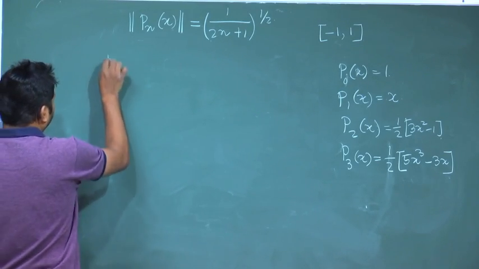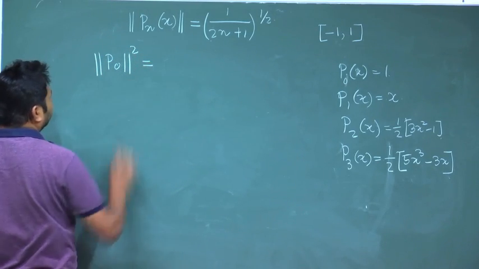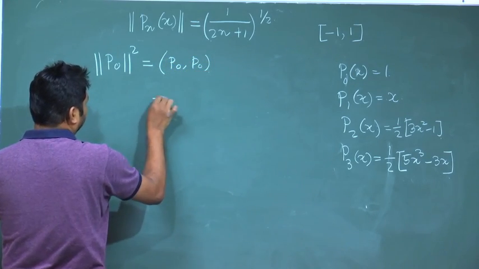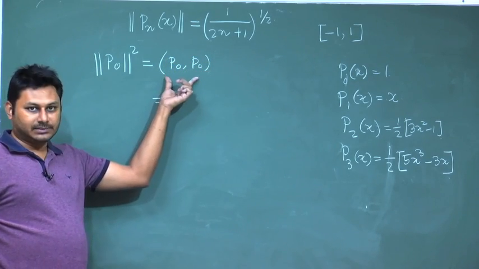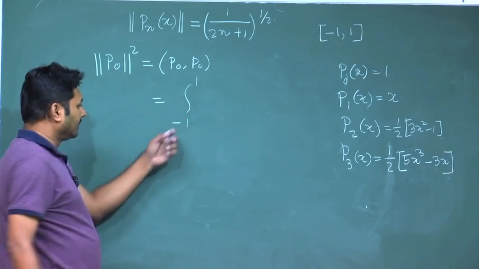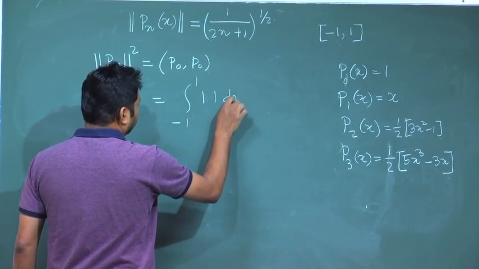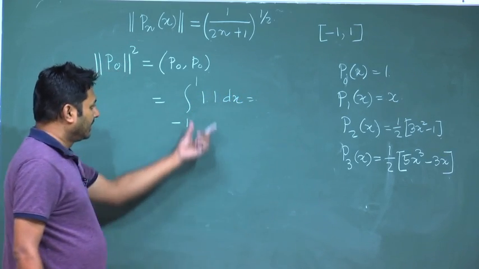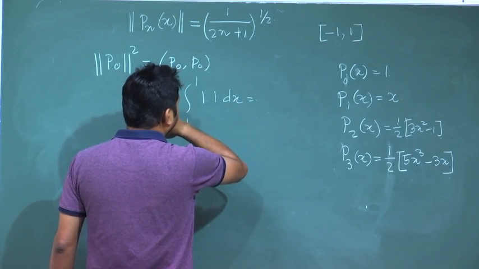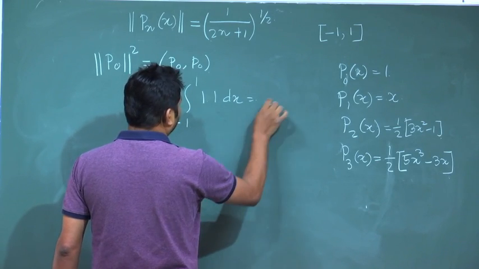So, first P0, I want to find out the norm square of P0, which is nothing but the inner product of P0 and P0. If I do that, then I will have minus 1 to 1, the function 1 into 1 dx, which is nothing but 2.